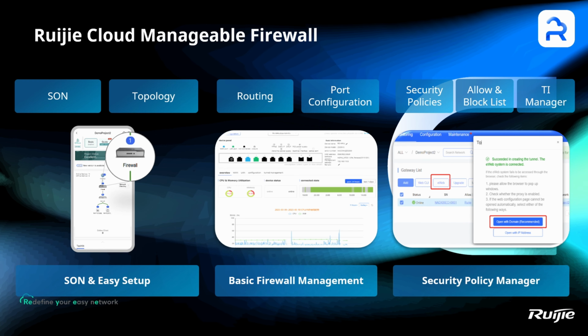Now this is beyond that. At the end of the day, our Ruijie firewalls are still Ruijie network devices. So what that means is you can manage, control, and even monitor them through Ruijie Cloud, which at this point we all know is free for life. Once you register to Ruijie Cloud, you're able to monitor all your network devices, be it access points, network switches, network gateways, home routers even, but also the firewall.